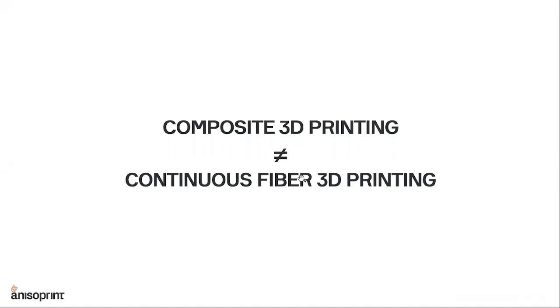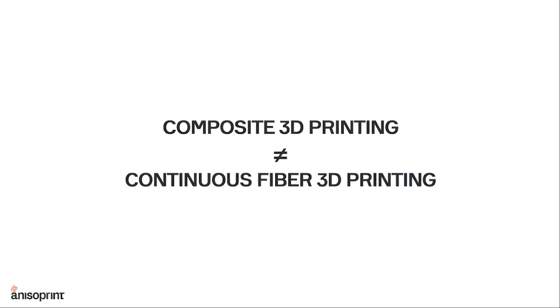So by definition, we can have different types of composite materials, which can have different types of reinforcing elements and different matrices. But it's very important to understand the difference between composite 3D printing and a subdivision of it, which most of the experts call continuous fiber 3D printing.